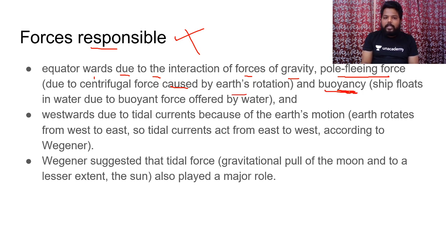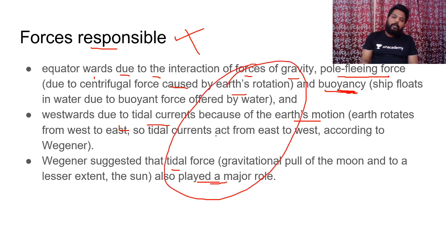Clear? These were the reasons mentioned by Alfred Wegener. The westward movement of the continents is due to tidal currents because of the Earth's motion. And Wegener suggested that tidal force, that is the gravitational pull of the sun and moon, also played a major role. So these were the forces given by Alfred Wegener.